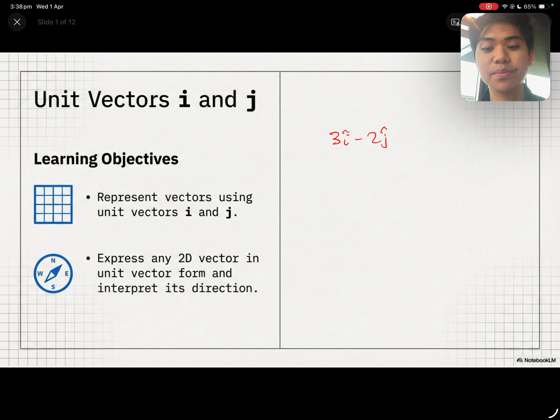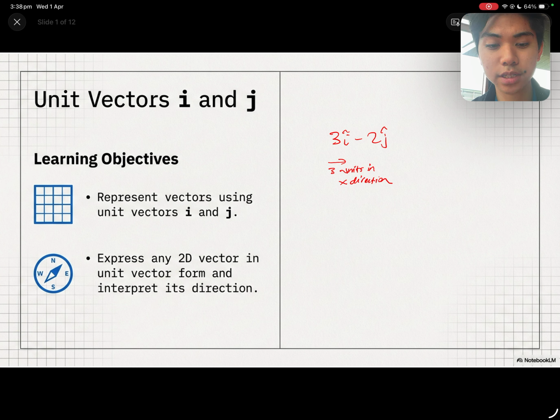They treat it like symbols instead of recognizing it as a movement 3 units in the x direction and 2 units down in the y direction.